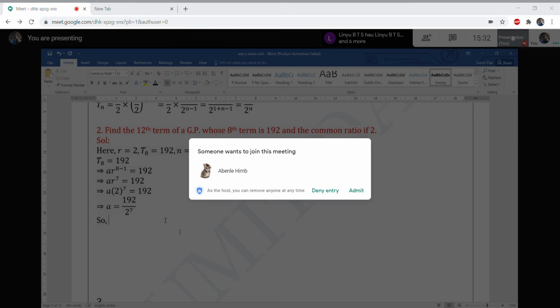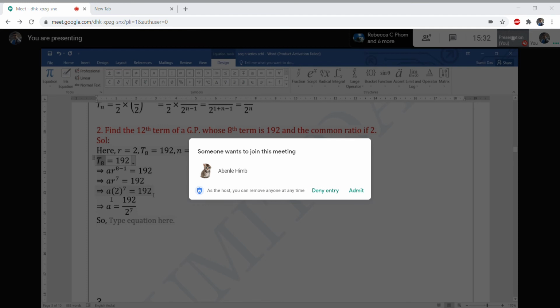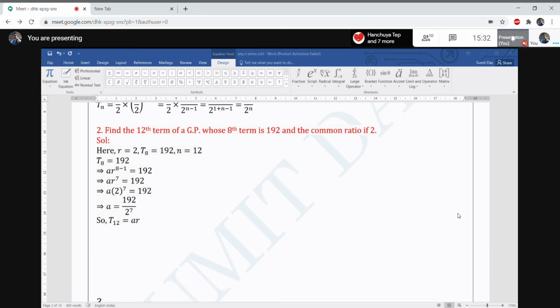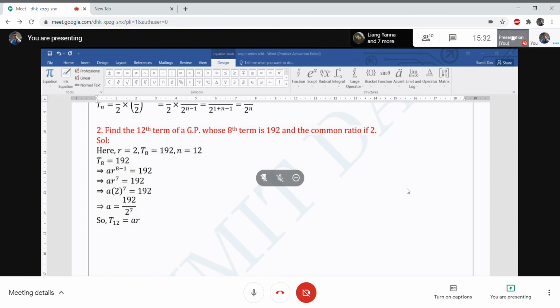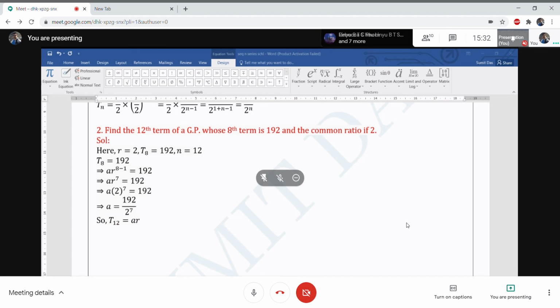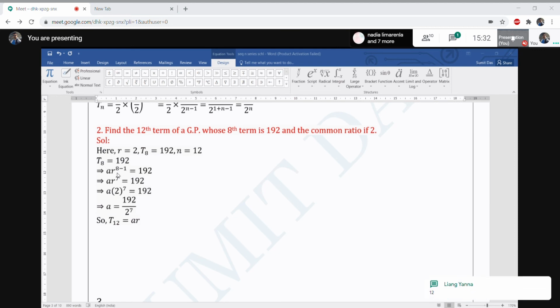So we have to find T12. Anyone can tell me what will be T12? T12 equal to a r to the power what? What will be the power of r? Fast reply.